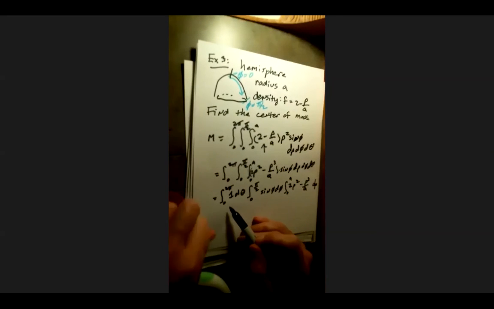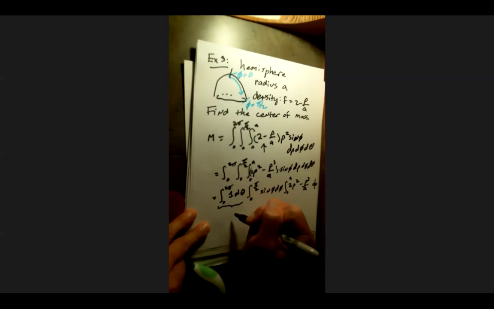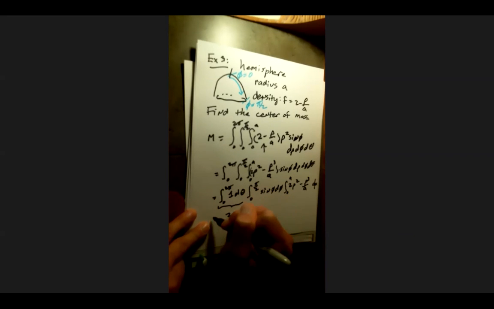The integral from 0 to 2 pi of 1 would just be 2 pi. That's convenient.